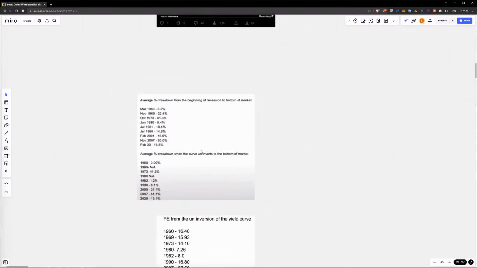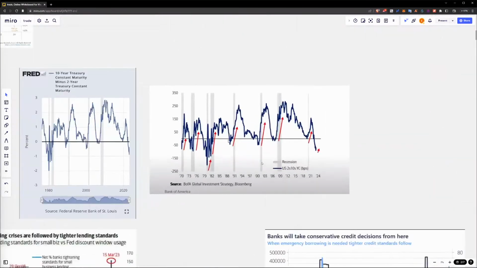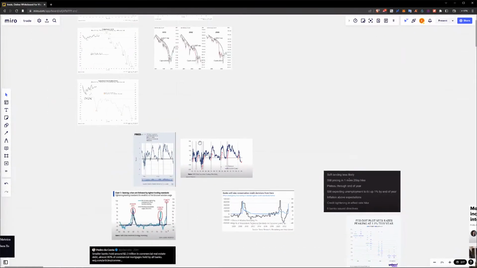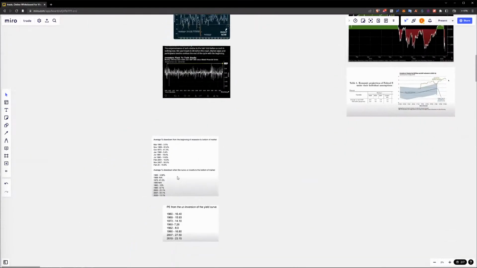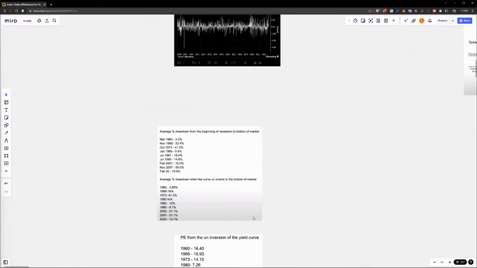What we mean by the curve uninverting is the yield curve steepening back upwards, which is the moment we are in now. And this is the downside we had. As you can see, we have big downsides: in 2007 about 50%, in 2000 about 20, and in COVID about 13.